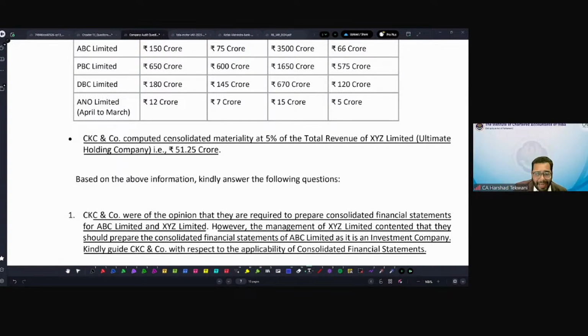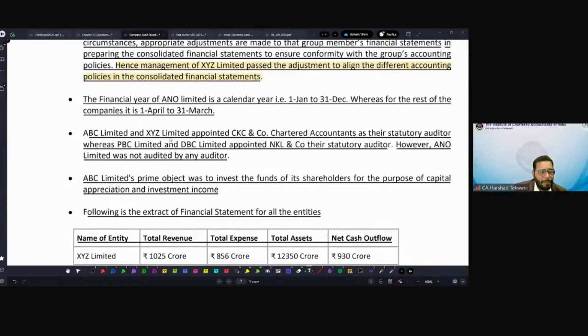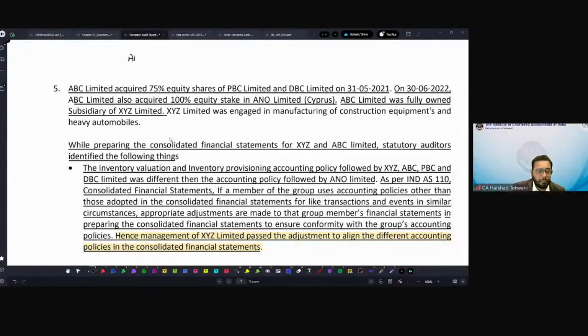Later on, ABC also acquired A&O Limited, which is outside India. Now, ABC was a subsidiary of XYZ Limited. So, this is the ultimate holding, this is the intermediate holding, and these are the subsidiaries S1, S2, and S3. So, this is the structure.